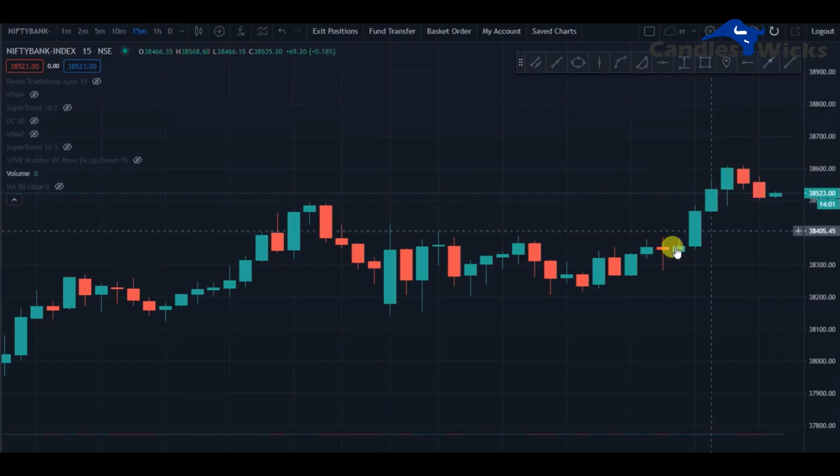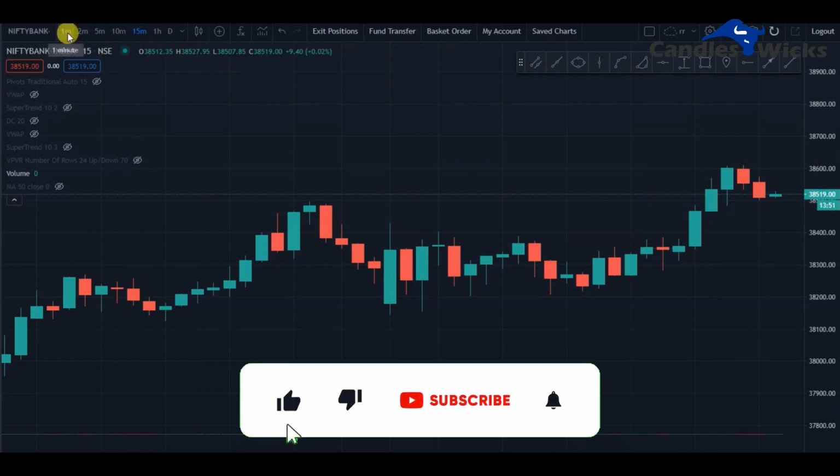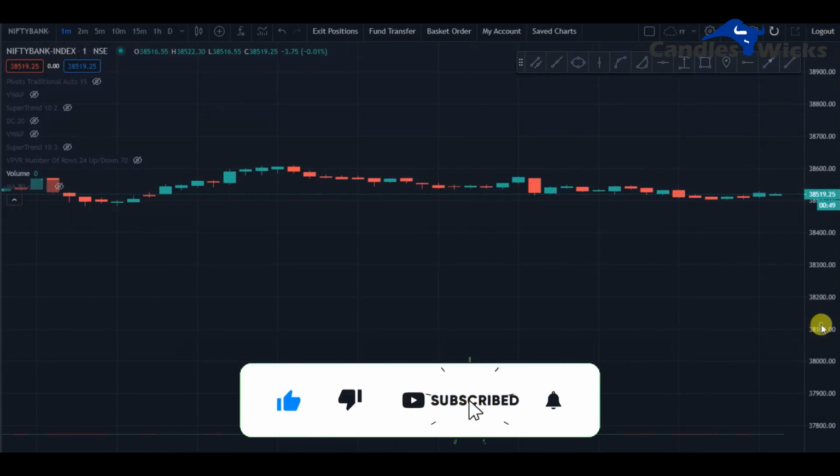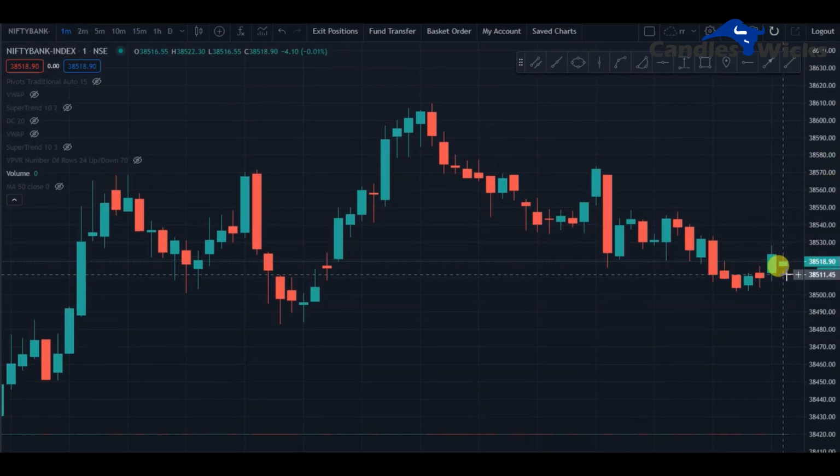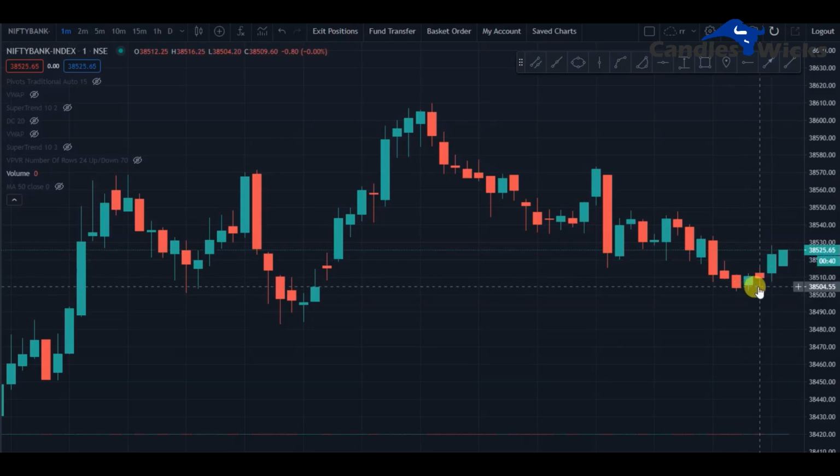Each candle, depending upon the time frame selected, represents the price movement in that particular time. Now if I select 1 minute, you can see that this candle represents the current 1 minute, this the previous 1 minute, and this one the previous 1 minute.